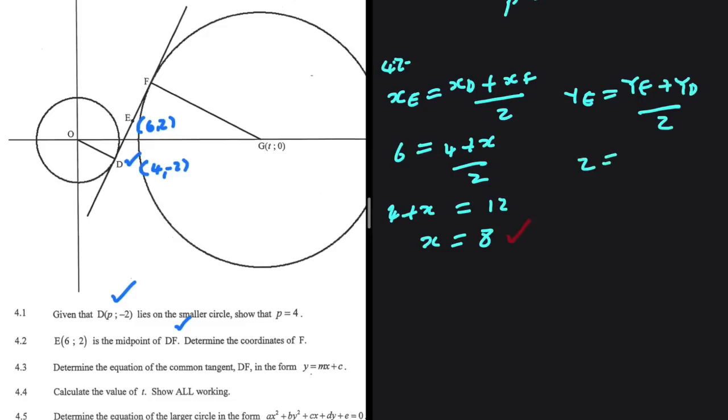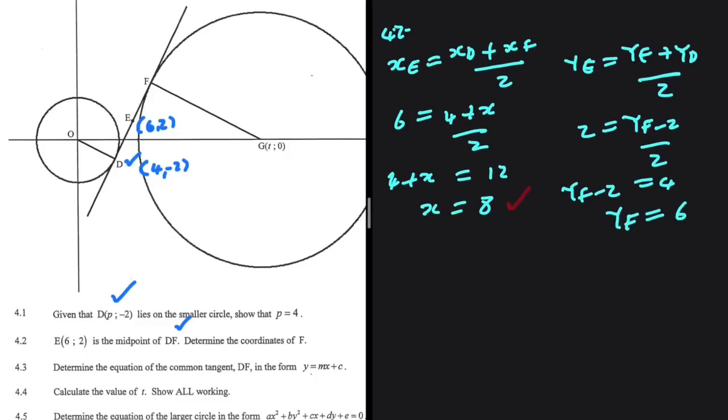That of E is 2, that of F we're interested in, and that of D is -2, everything divided by 2. 2 multiplied by 2 is 4, so we have y of F minus 2 being equal to 4. Y of F is indeed equal to 6. So the coordinates of F are (8, 6).